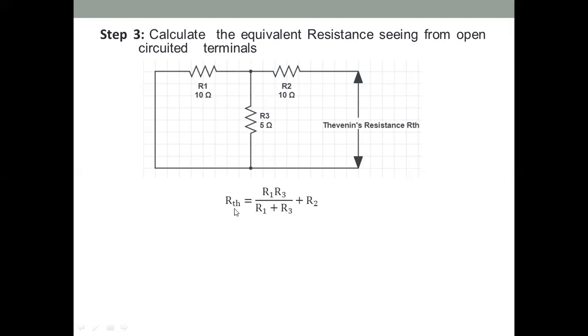So your RTH value is R1 and R3 in parallel, R1 R3 by R1 plus R3, and finally this resultant is added to R2. If you substitute the values, you are going to get the RTH as 13.33 ohms.